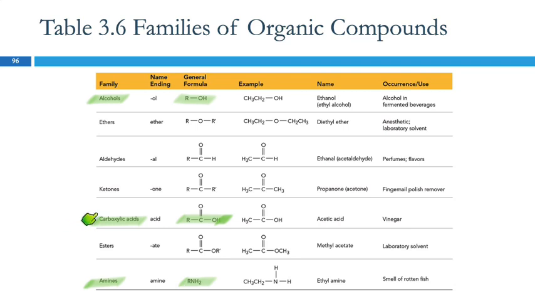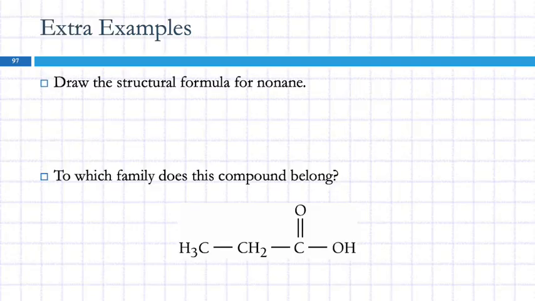The carboxylic acid family is going to have this double bond oxygen and an OH group. The alcohol family is going to have an OH group. There might be one question on the exam about this, but it's in the course outline of record, and so I am teaching you about it, right? That's what we're doing right now.